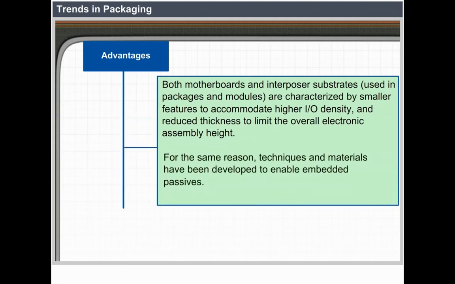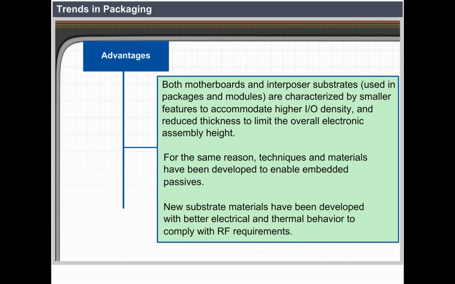For the same reasons, techniques and materials have been developed to enable embedded passives. New substrate materials have been developed with better electrical and thermal behavior to comply with the RF requirements.